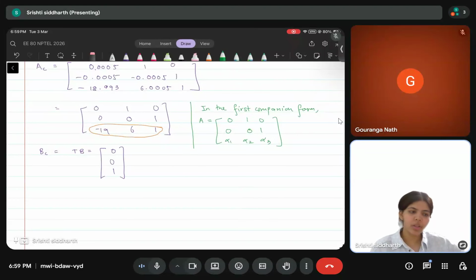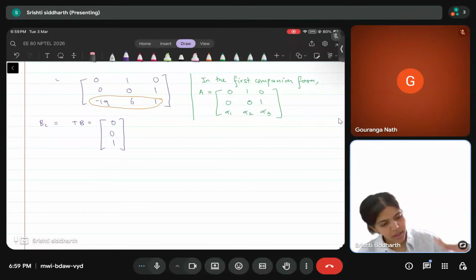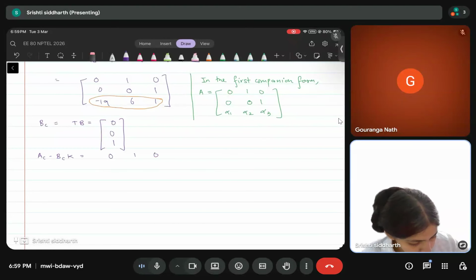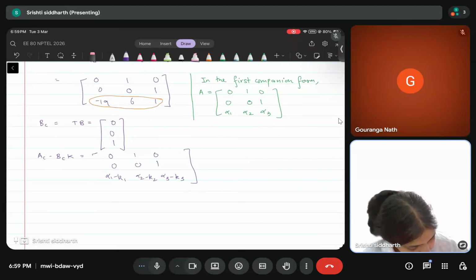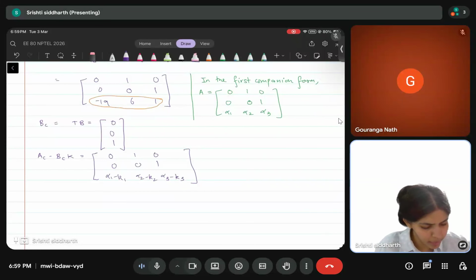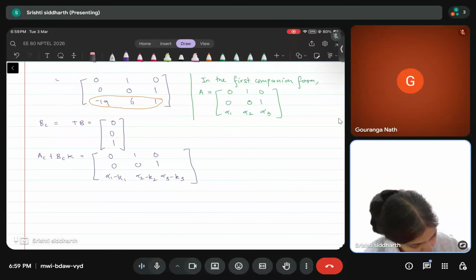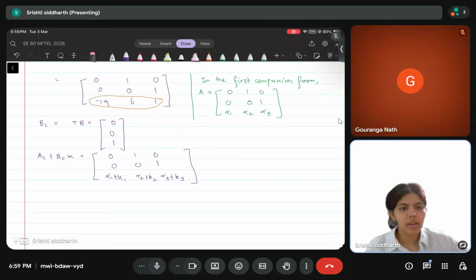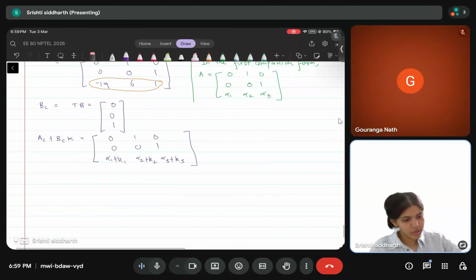The advantage of transforming the system to the first companion form is we can now simply get A minus BK. So AC minus BCK is simply 0 1 0, 0 0 1, alpha 1 minus K1, alpha 2 minus K2, alpha 3 minus K3. Then this was A plus BK, so AC plus BCK is with a plus.